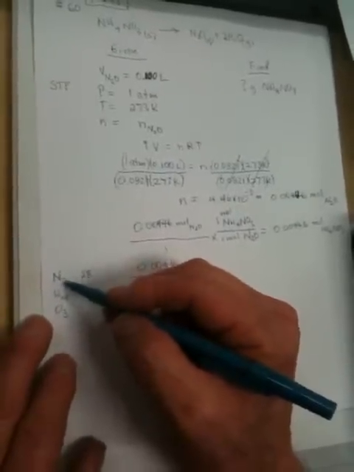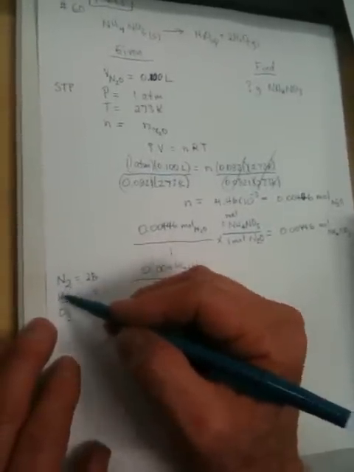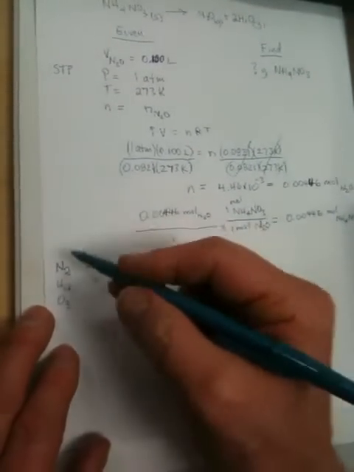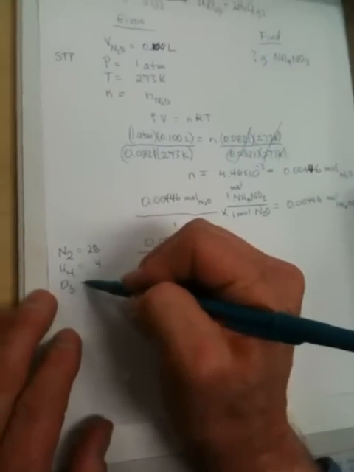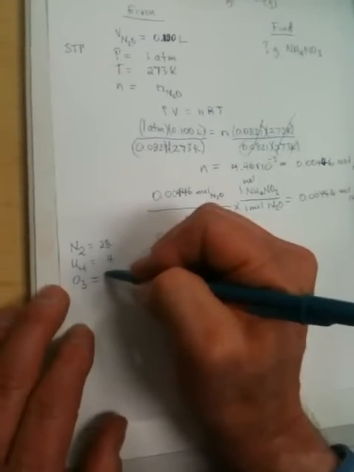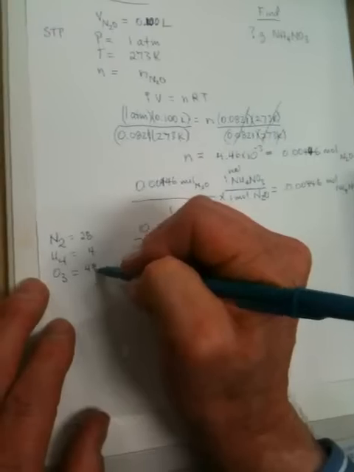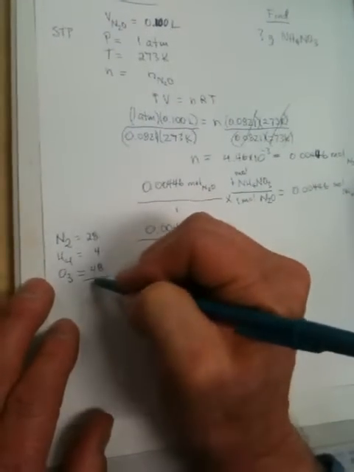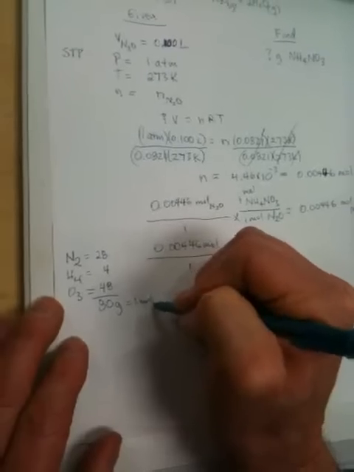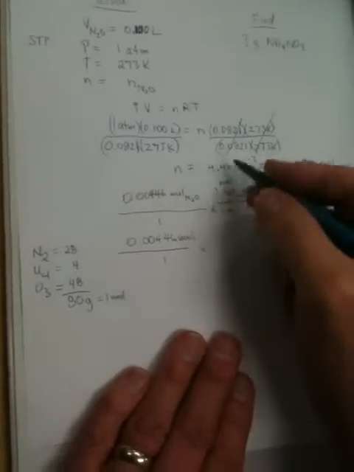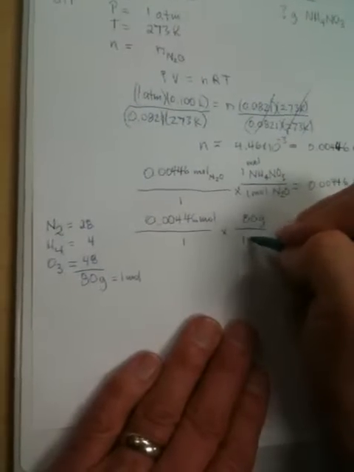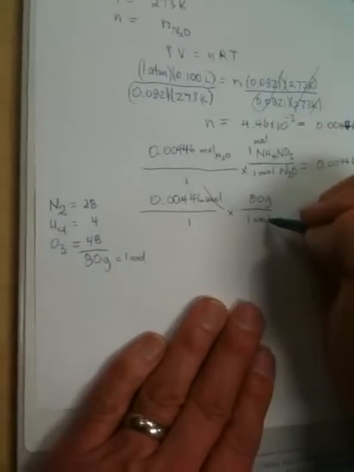Nitrogen is 14, 2 of them 28. Hydrogen is 1, 4 of them are 4. And then oxygen is 16, 3 of those is 48. And our total here is going to be 80 grams, equal to 1 mole of this stuff. So we're going to have 80 grams on top and 1 mole on the bottom, so that the moles cancel.